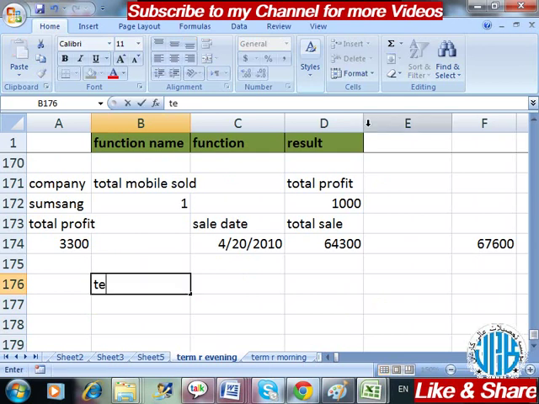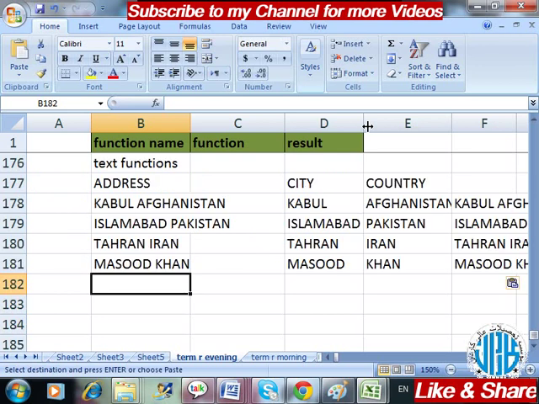Okay, right now we are going to use some text functions. In Excel, if you have text and you want to separate it, we use text functions for that. I'm going to write 2 or 3 functions here first.